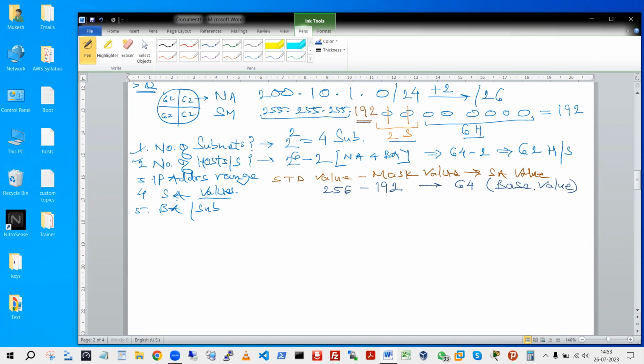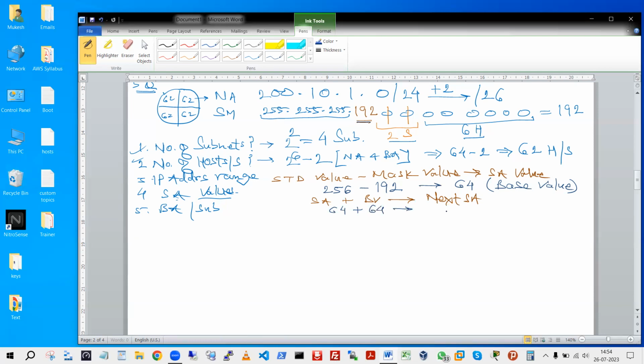And this base value in fact we are using to calculate subsequent subnet address values. यानी आगे की जितनी भी सबनेट एड्रेस वैल्यूज हैं in fact they are all based on this base value. That is, next time जो आपका फॉर्मूला जाएगा वो जाएगा कैसे, subnet address plus this base value gives you the next subnet address. तो सबनेट एड्रेस क्या है अभी आपका 64, plus base value is again the same 64.